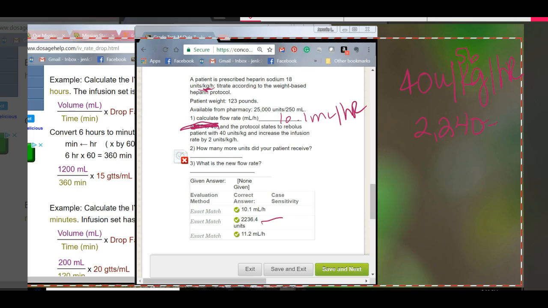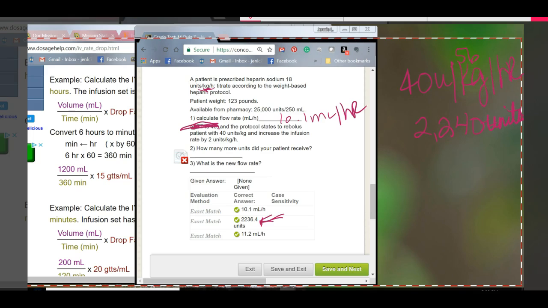I know it says this, but it's not. It's 2,240 units. Yeah, because if you take that, hold on, thinking out loud here, weight-based, you want to figure out how many units, and you divide it by 100. Yeah, this is the right answer. Units.